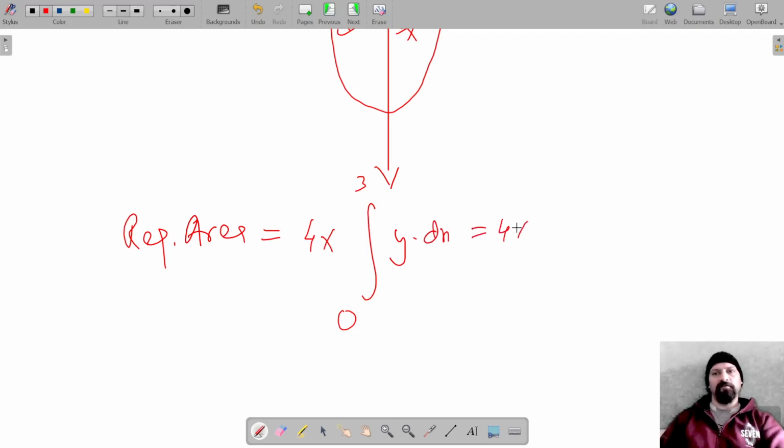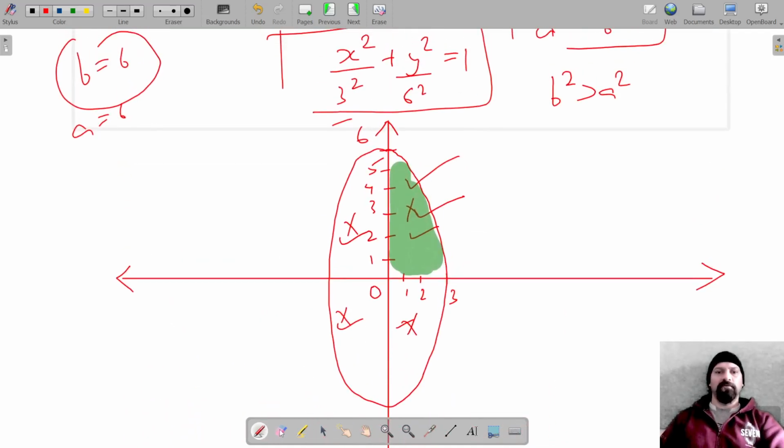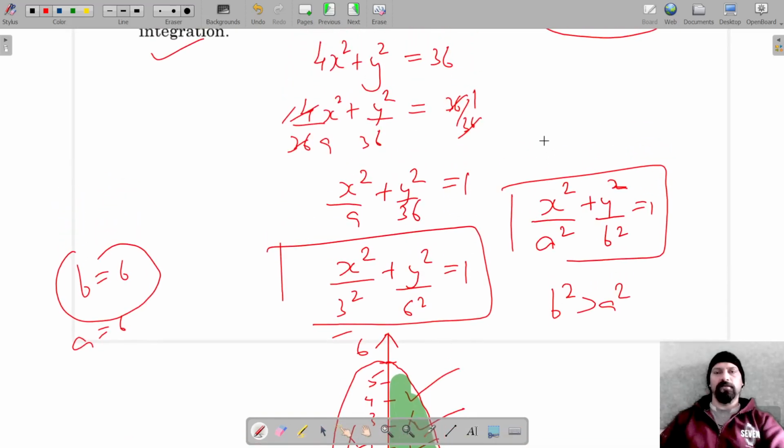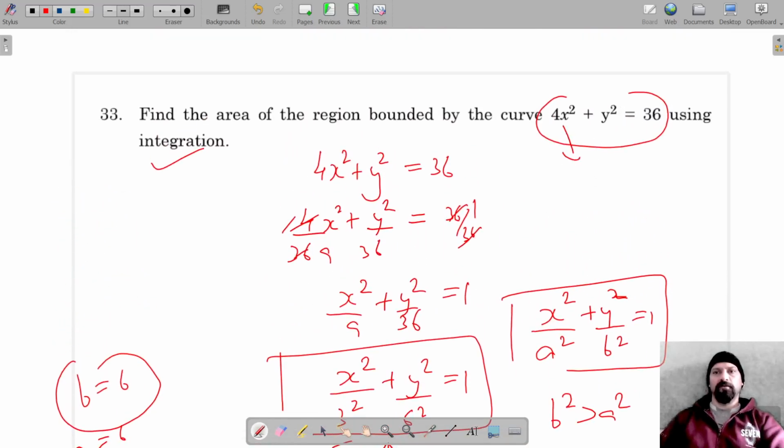Let's find out the value of y. We can get the value of y from the equation. So y square is equal to 36 minus 4x square, which gives me y.